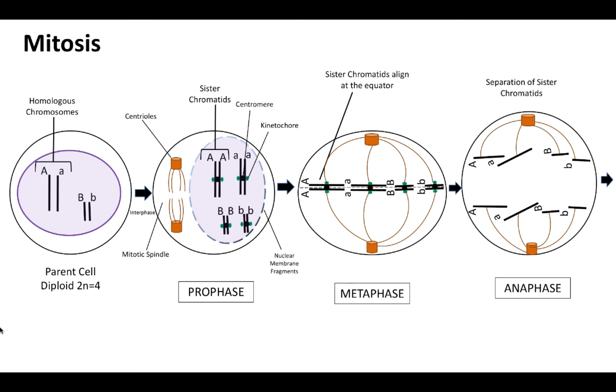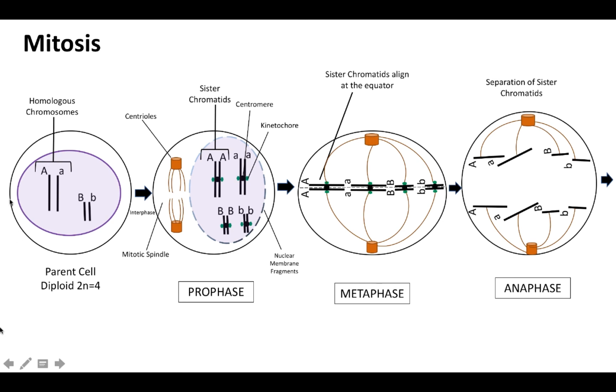Now, we know that mitosis is just this small piece of the pie, or a piece of a big cycle, which is the cell cycle. Now, we know the stages of mitosis, but before we get to that, let's talk about what we have here.